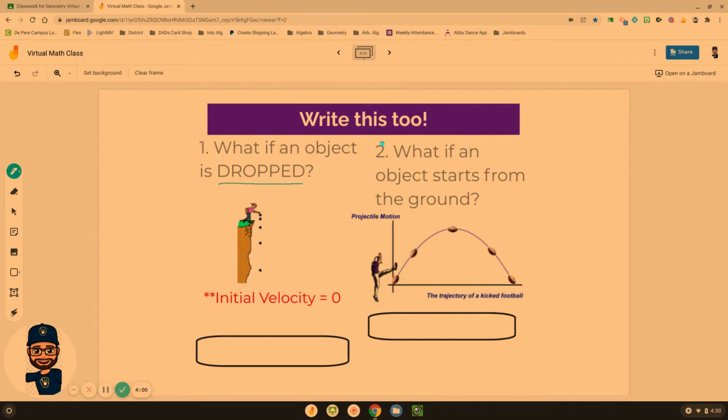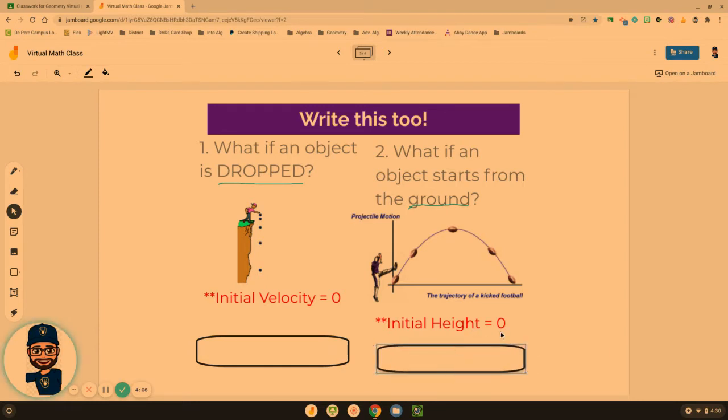The second one, if we're kicking something from the ground, right? It's starting on the ground. Its initial height, that h sub 0, is going to be 0. Right? Because that's how far it is off the ground. It doesn't have any extra height already added to it. So those are two key pieces that you need to kind of remember when you're working with some of these different problems and equations.